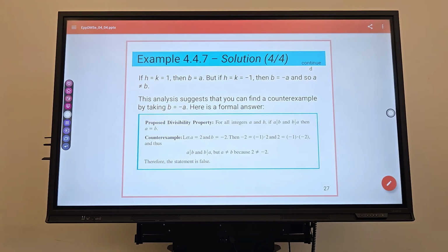So a does not equal b. This analysis suggests that you can find a counterexample by taking b equals minus a. For the formal answer, you can let a equal 2 and b equal minus 2, and show that the statement is false.